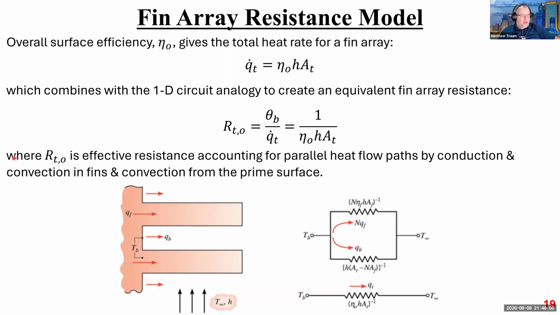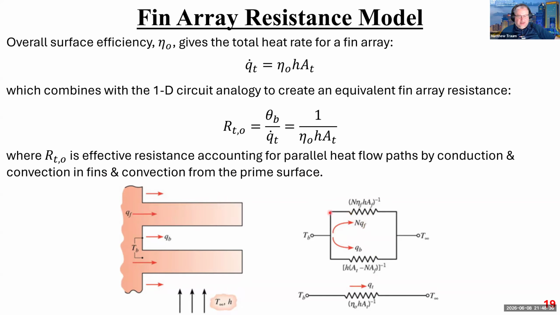Okay. So R_t,o is the effective resistance accounting for parallel heat flow paths by conduction and convection in the fins and convection from the prime surface, right? So what we're talking about is we have some heat transfer from this surface that I'm trying to cool that travels up the fin, right?